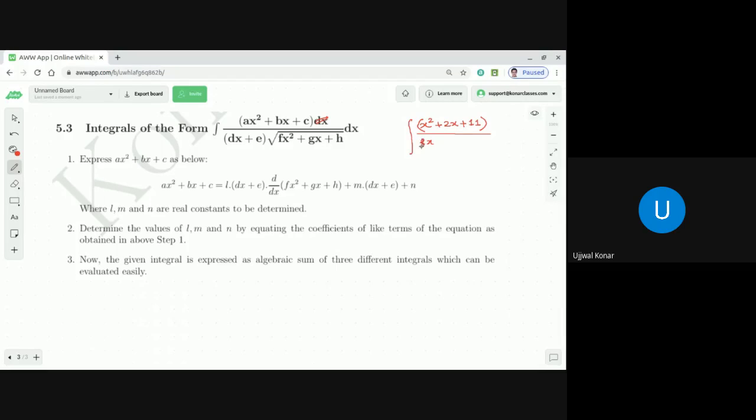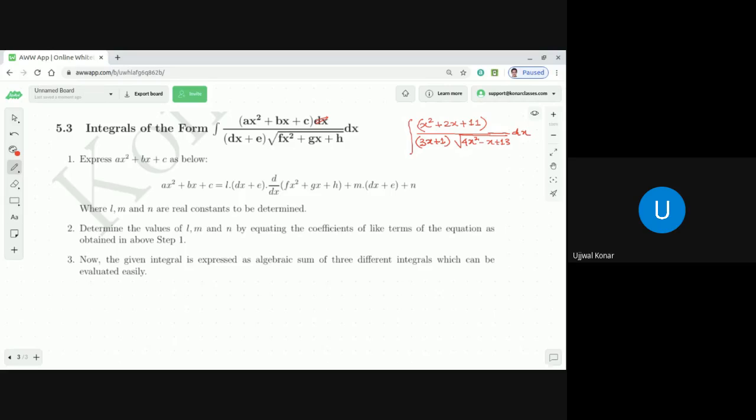3x. Sorry, just let me write in a neat and clean manner. 3x plus 1 into square root of 4x square minus x plus 13 dx. Correct, no?